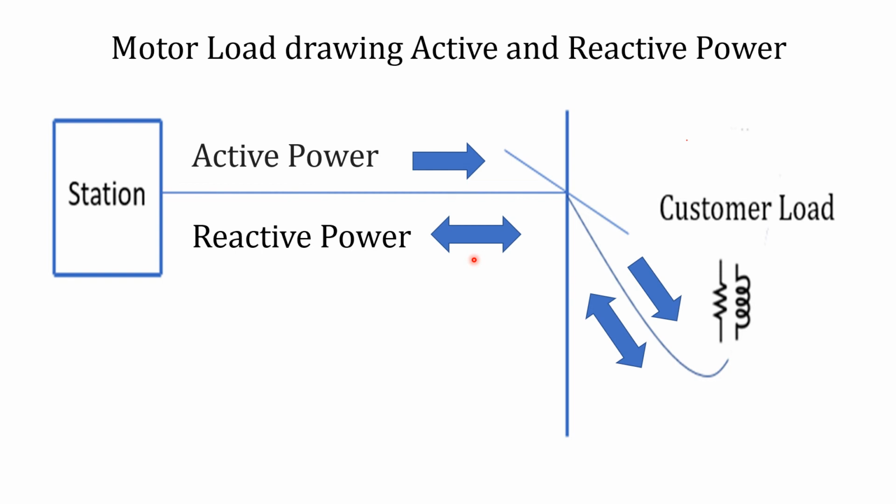Thinking back to our discussion about inductors and capacitors, we've already revealed the solution to these losses. We'll just put a capacitor with the same reactive draw as the motor's reactive draw on the pole right outside the customer's facility.